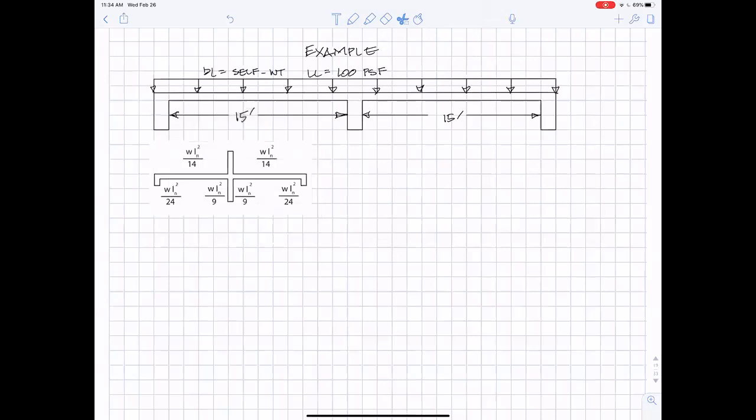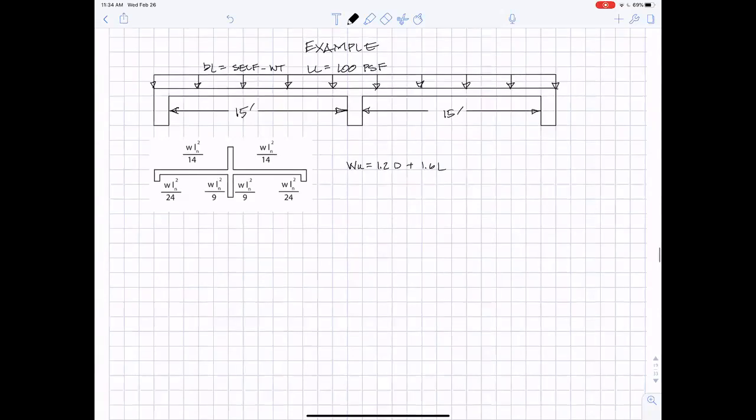We need W to do that, so let's calculate the ultimate load. It's 1.2 dead plus 1.6 live, and the dead is the self-weight. So we're going to have to first estimate the self-weight, and these are both exterior spans, meaning one end not continuous, and the minimum depth in that case is L over 28.